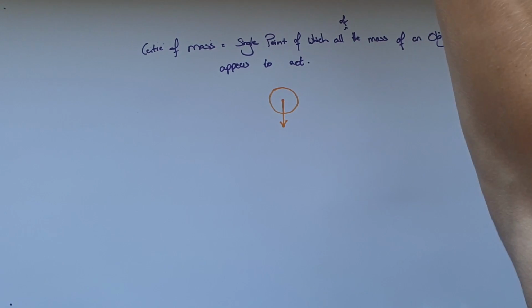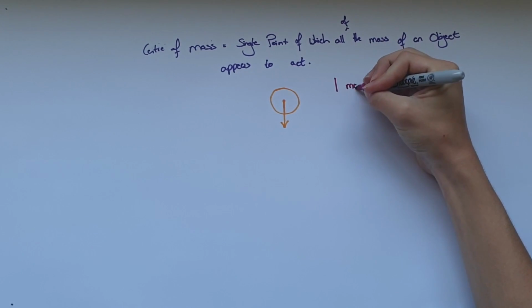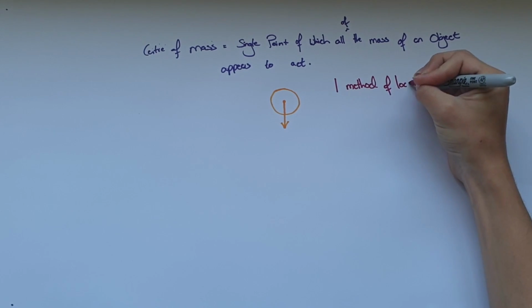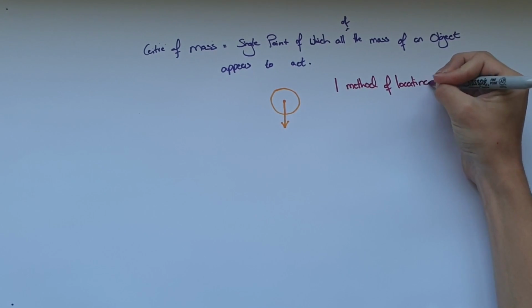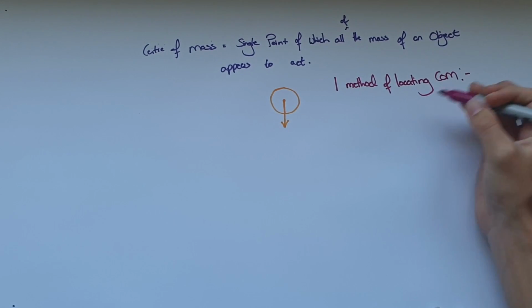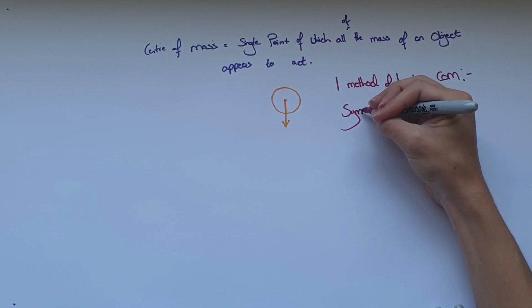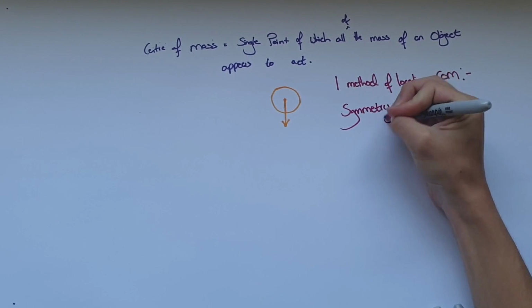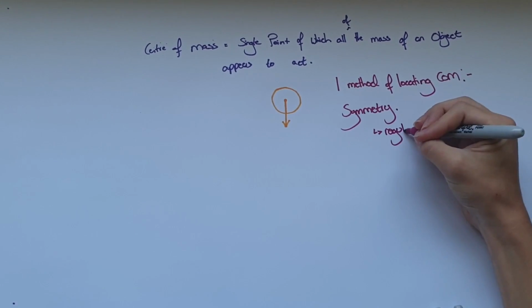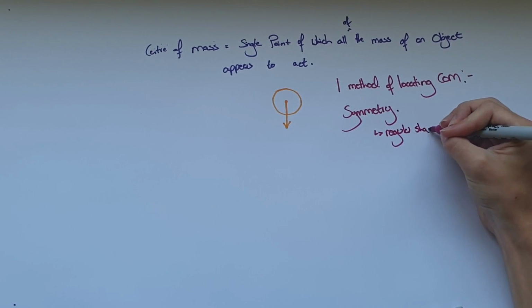The first way of locating it is just by symmetry. Just write COM for short, centre of mass. So that is with symmetry. And this is only for use with regular shapes, for instance a circular shape, or a square.